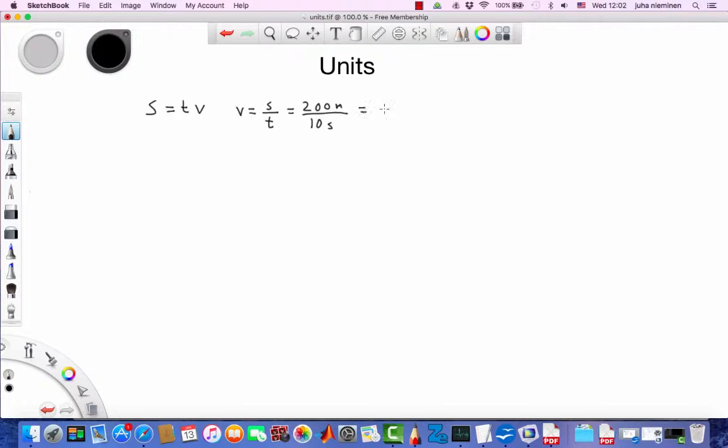So this gives us 20 meters per second. So whenever we are evaluating this kind of expressions, we not only deal with the numbers, but we have to be equally consistent with the units. So in this case we have meters divided by seconds, so we must have m over s in the answer as well.